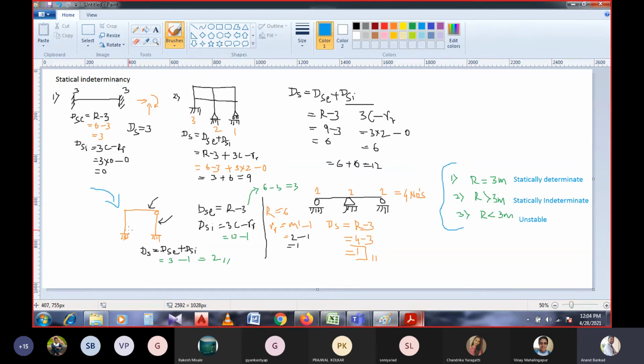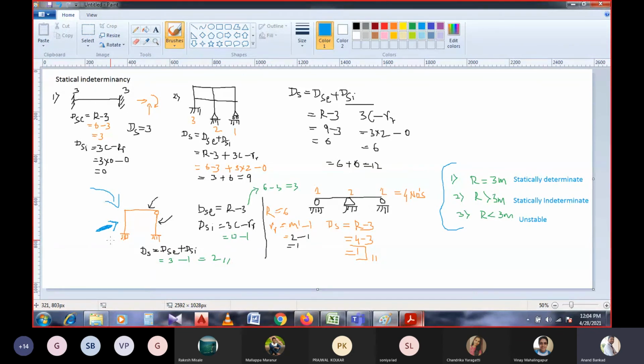So reactions are less, so how do you classify this structure? Unstable, because the total number of reactions is less than 3 times the number of members.